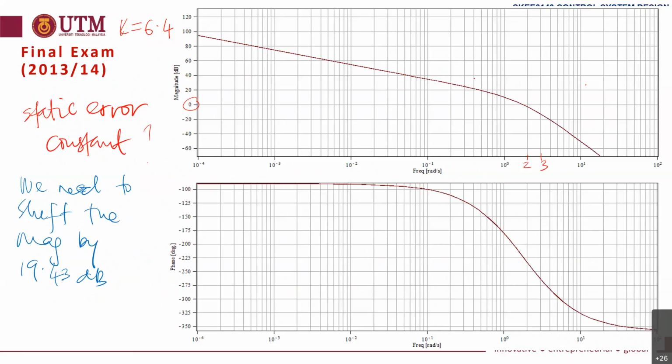I will shift by 20. 20 here, one box. Here becomes 20. I will try to find the easiest. 20 here. Here 20.